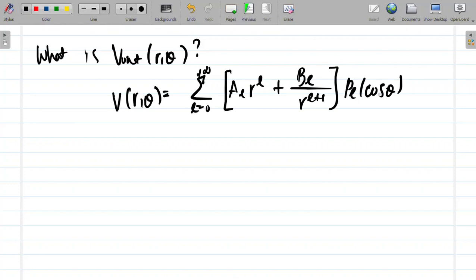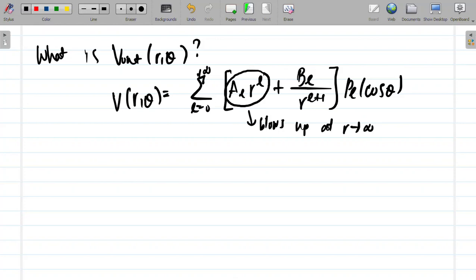Hindi na pwedeng mag-blow up ito kasi hindi naman natin sakop yung 0. Pero class, ang pwedeng mag-blow up ay itong isa. Bakit? Kasi outside the sphere, sakop natin yung infinity. So this blows up at r approaching infinity.